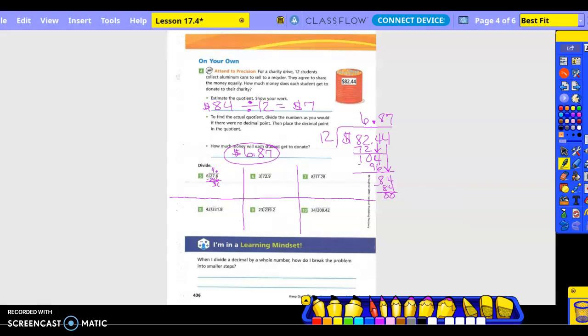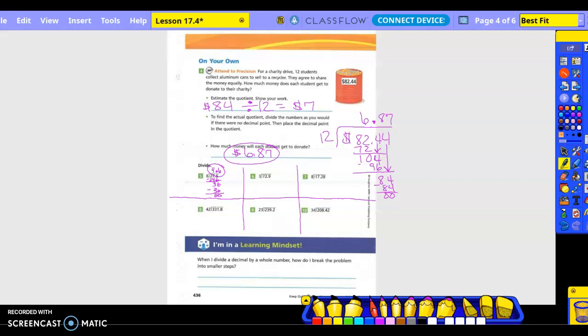Bring down my 6. 6 into 36? 6 times, minus 36. Anything left over? Nope. So my answer is 4 and 6/10. Okay. And remember, once you do the decimal up, we just work around it and do it like you normally would, right?